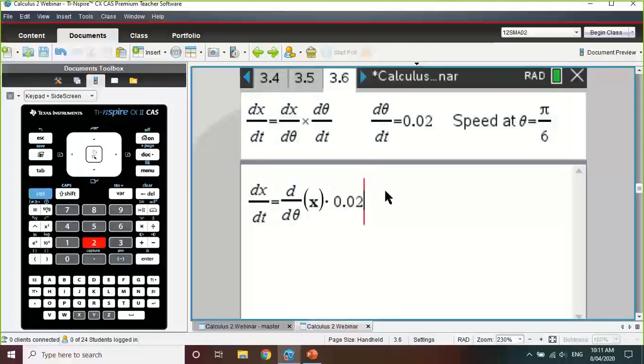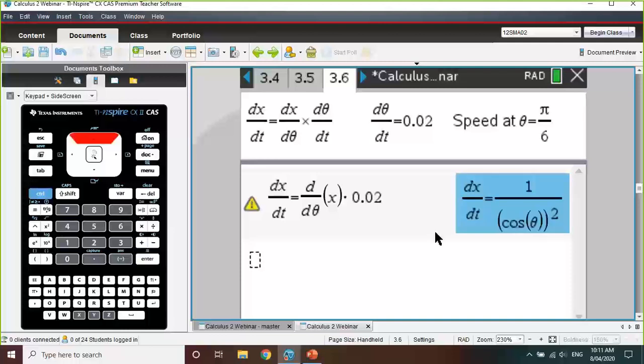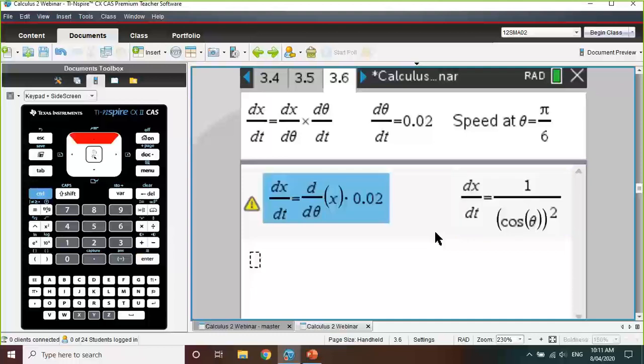Okay. And then pressing enter, I've got dx/dt is equal to this result here. Ultimately, I want to try and find out what the speed is at theta equal to pi over 6. So I could either substitute in the value of theta here, or from the very start, I could substitute in theta from here.